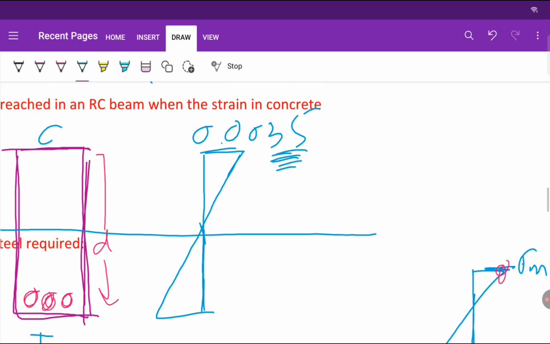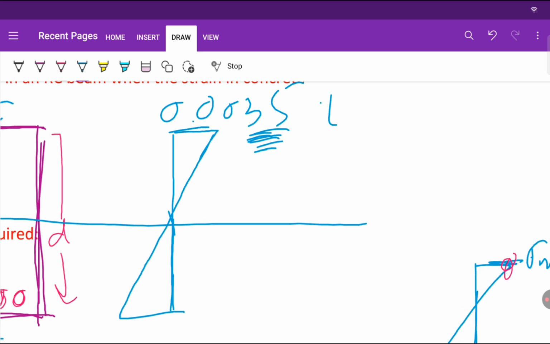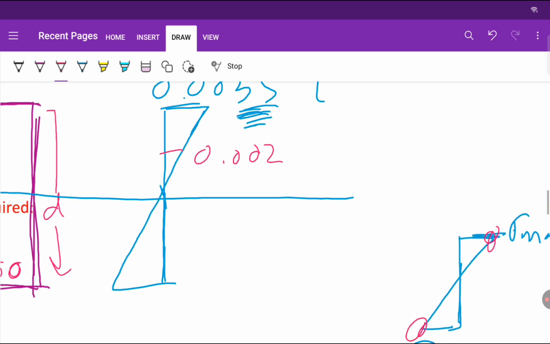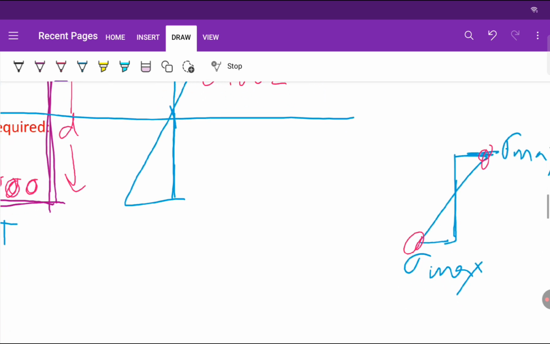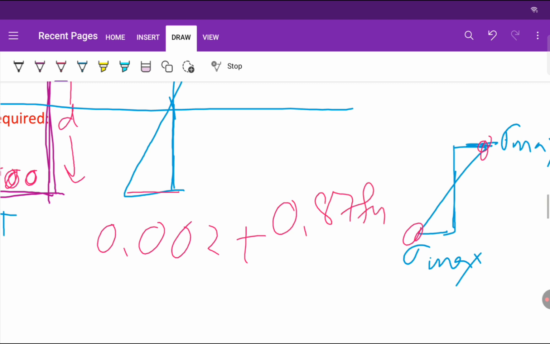We assume while designing that a beam reaches a maximum strain value of 0.0035, and there is a strain value of 0.002. Okay, and for steel the maximum strain value is 0.87 Fy upon the elastic modulus of steel, plus 0.002.